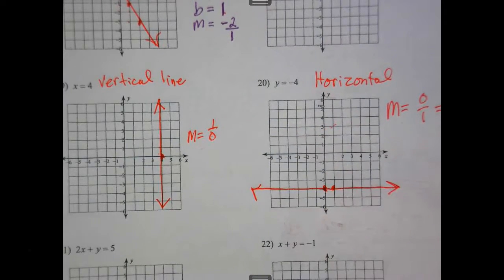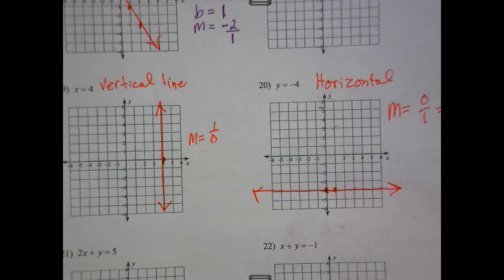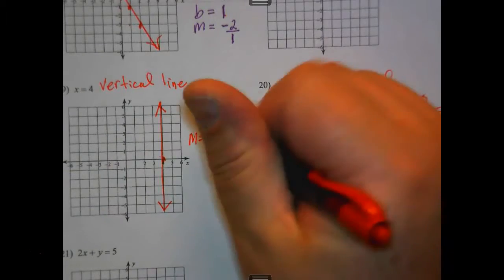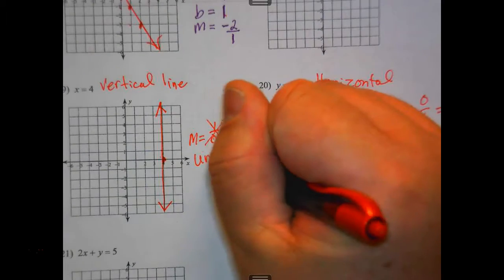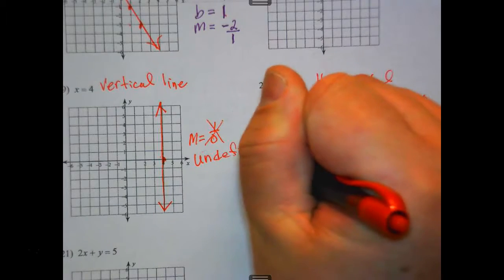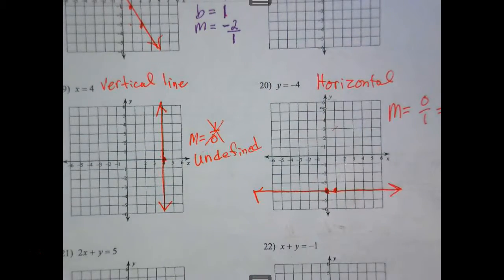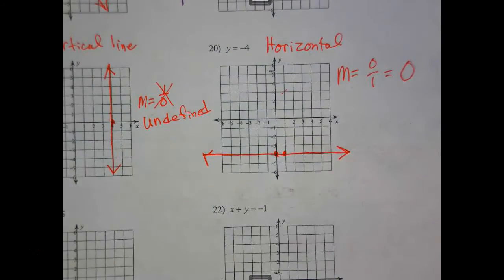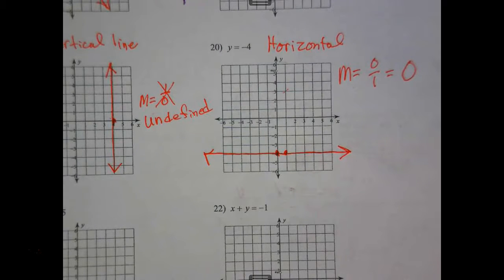So it's 1 divided by 0. I can't do that. Not allowed. So this is undefined. So vertical lines have a slope that's undefined, and horizontal lines have slope 0.